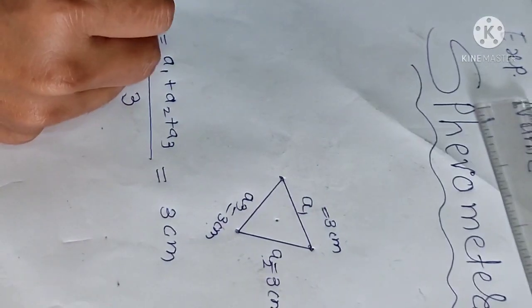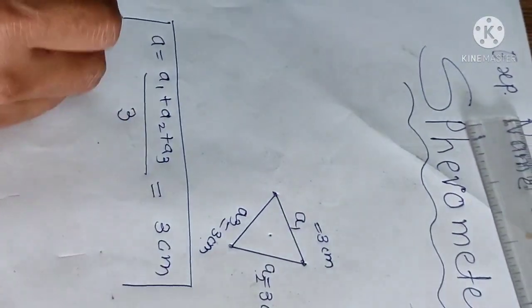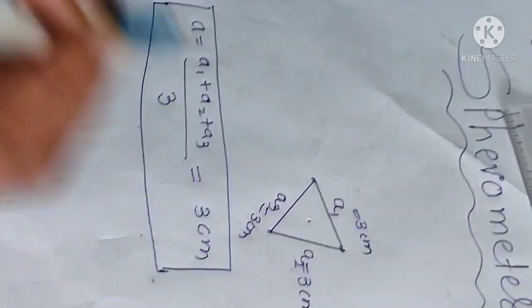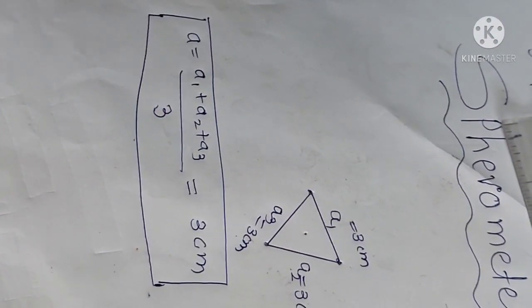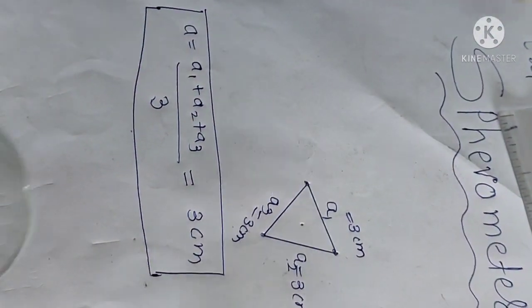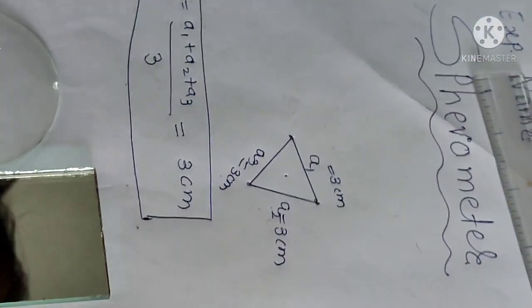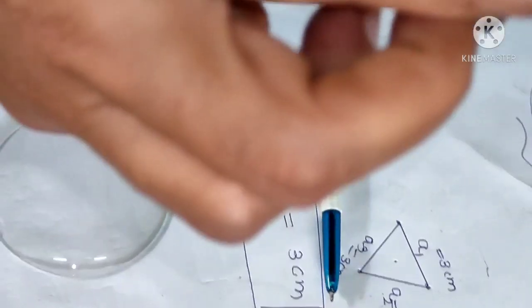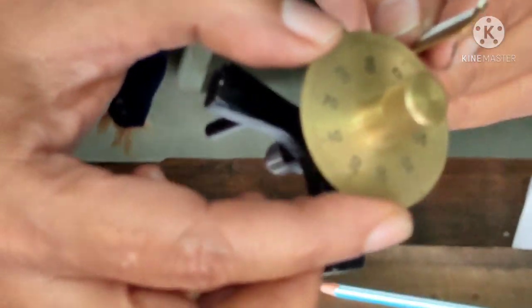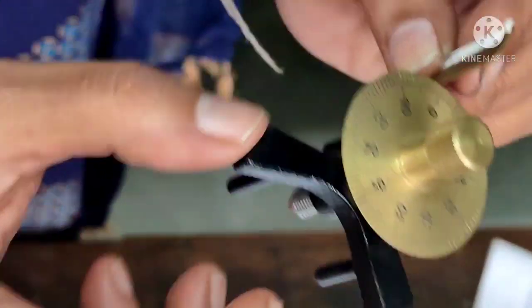Clear? So you are getting A as 3 centimeter. Is that clear? Now, while proceeding with this spirometer, we should know one point that holds for all the instruments which are used to measure.